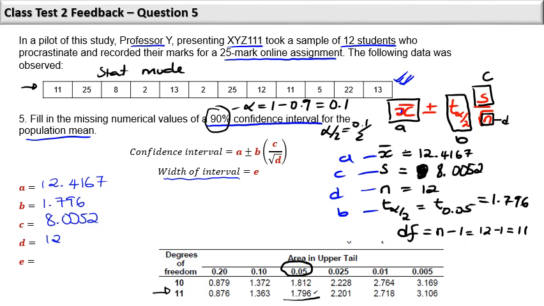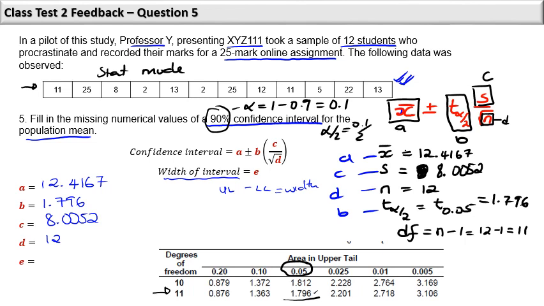So how people usually do it is they go and they take the upper limit and subtract the lower limit to get the width. That's correct, but it's taking time because now you have to evaluate this whole thing.